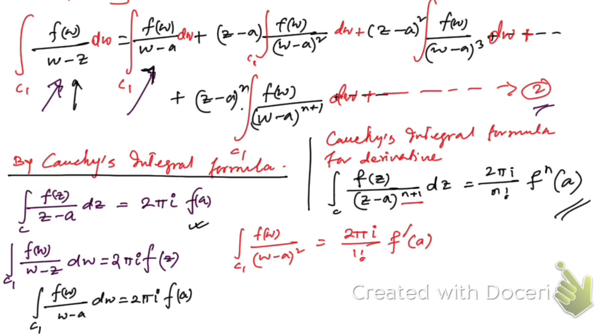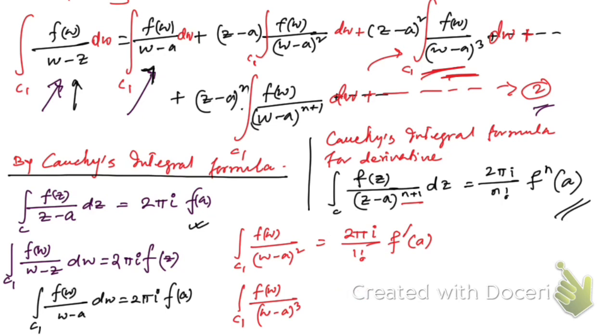So similarly you can evaluate this term, this part along c1. Integration along c1 f of w by (w minus a) whole cube. So here n plus 1 is equal to 3, so n is going to be equal to 2.